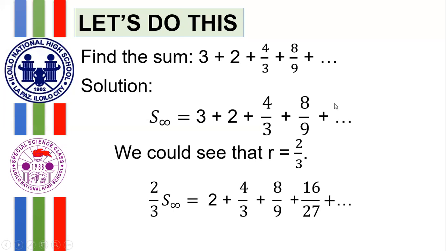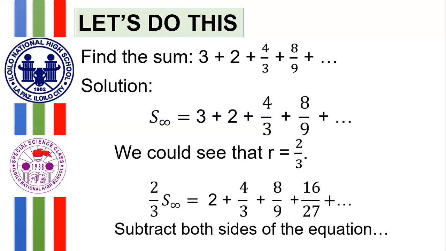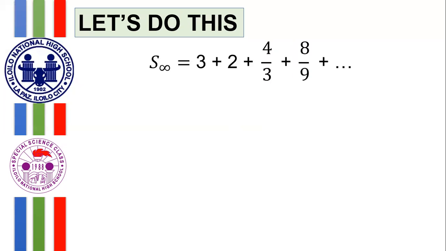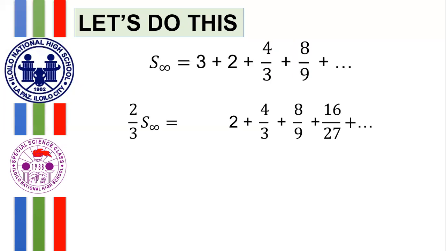In fact, all the terms starting from 2, 4/3, 8/9, and so on, going to the right, are basically the same terms here. That's why we will be subtracting both sides of the equation to eliminate those terms that are common. Doing such, we align the terms that are the same. It's understood, by the way, that there is a 0 there. It's already implied. It's understood also that this number here is 1.